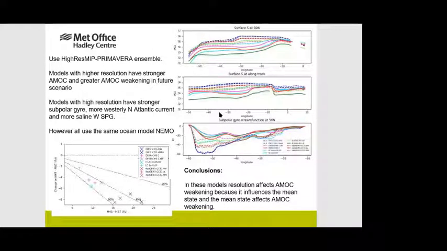But in the Primavera ensemble, there are some different ones of the HadGEM3 models with the cross resolution. And in those, it's the ocean which matters rather than the atmosphere. In terms of what's happening with the AMOC, the ocean resolution seems to be the important thing.